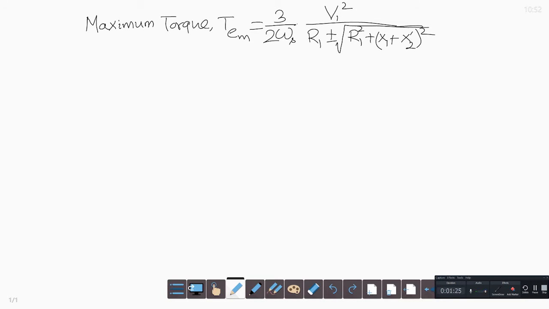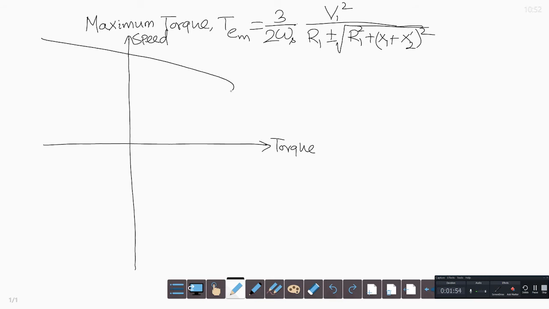So, this is the expression for maximum torque, where plus sign is for motoring operation, minus sign is for generating operation. Now, the torque speed characteristics can be drawn. Vertical axis is the speed axis, horizontal axis is the torque axis. So, this is the starting point and this is the starting torque, and this corresponds to slip equals 1. Machine is starting from rest, and as the supply is given, motor accelerates.